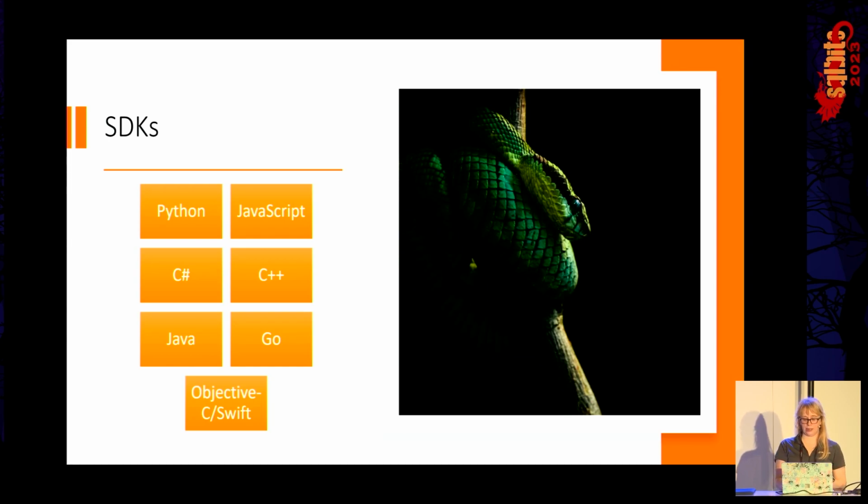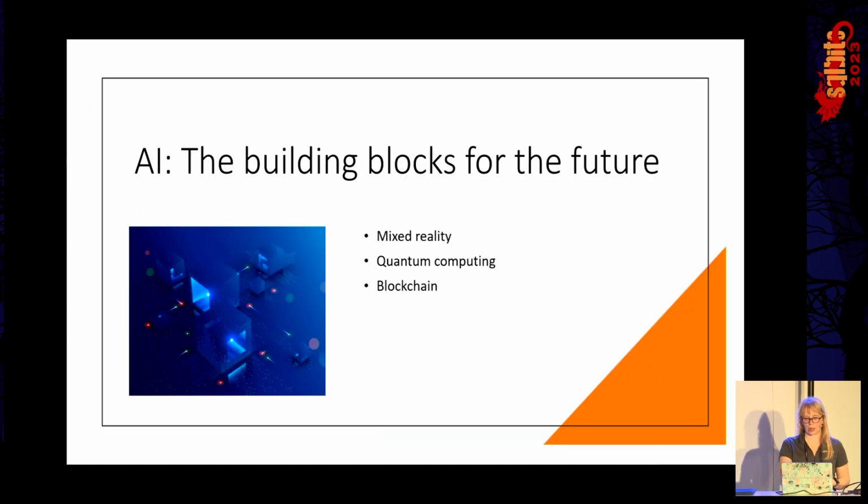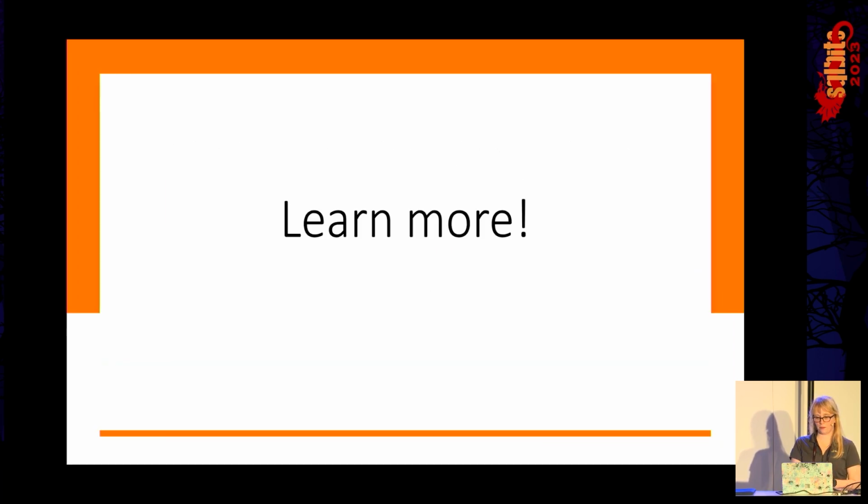You just have it in the SDK. And AI will be used in the future, so you can use this everywhere in mixed reality, quantum computing, blockchain. So we see already that AI is going into our everyday life.